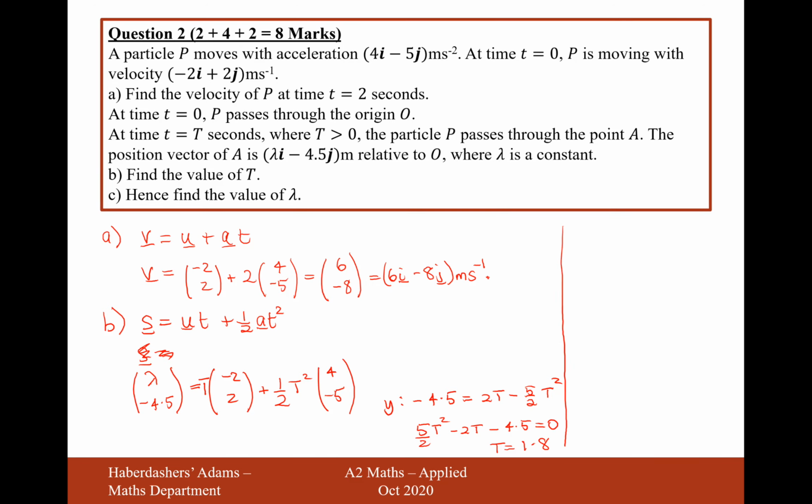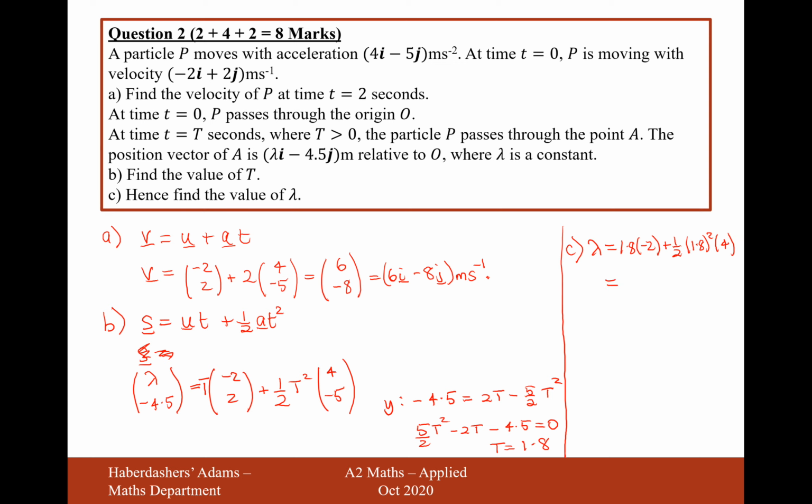Let's now move on to part C. For part C, it says find the value of lambda. That's the i component of the position vector, so we'll use the top row of that equation. So lambda equals minus 2 times t, so 1.8 times minus 2, add a half times 1.8 squared times 4.